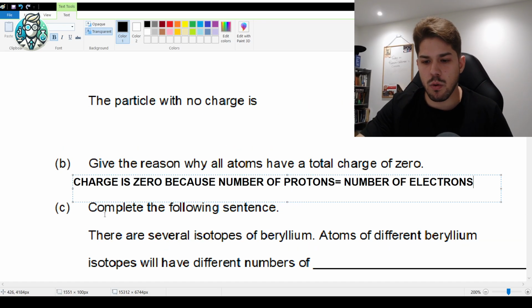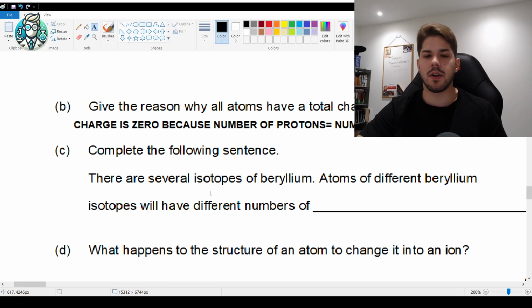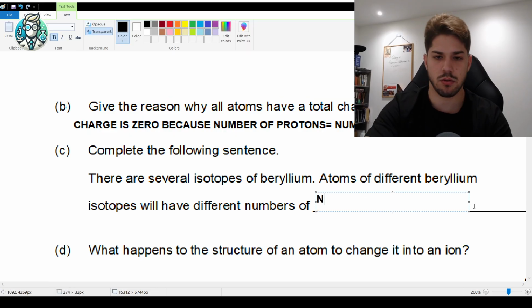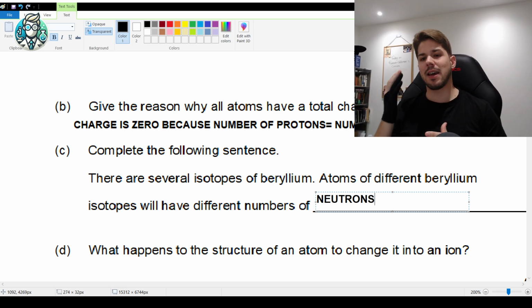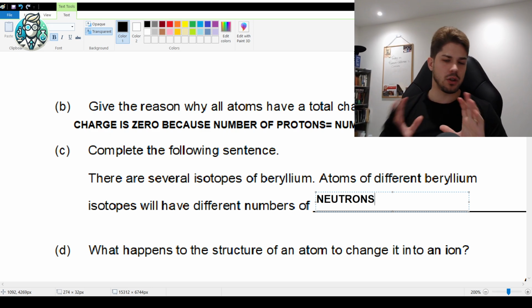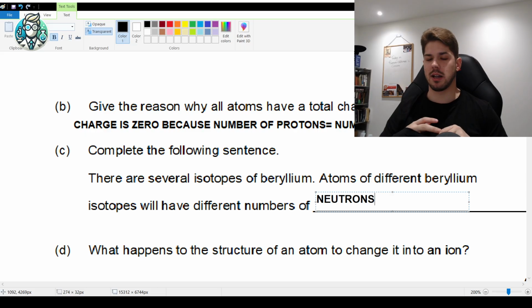Let's finish quick. Okay. Complete the following sentences. There are several isotopes of beryllium. Atoms of different beryllium isotopes will have different number of neutrons. What changes in an isotope is the mass number, not the atomic number.